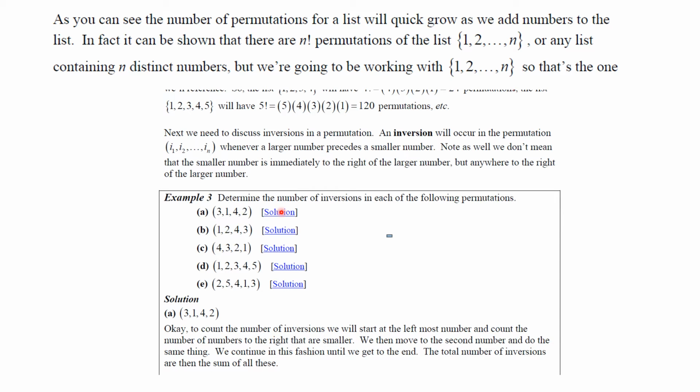So just to practice this idea of inversion, let's look at determining the number of inversions in each of the following permutations. Okay, so let's start with the first one, 3, 1, 4, 2.